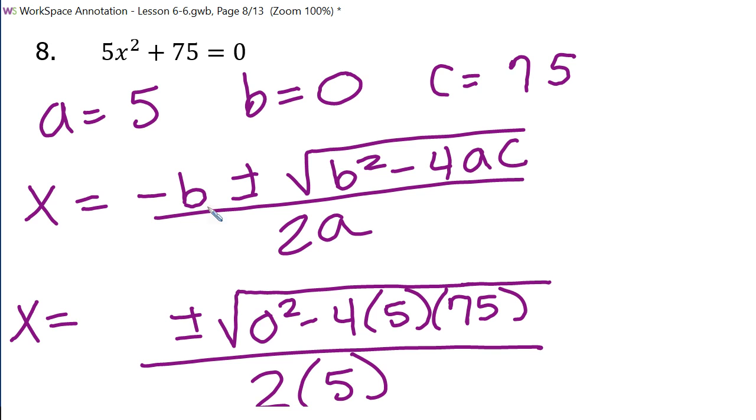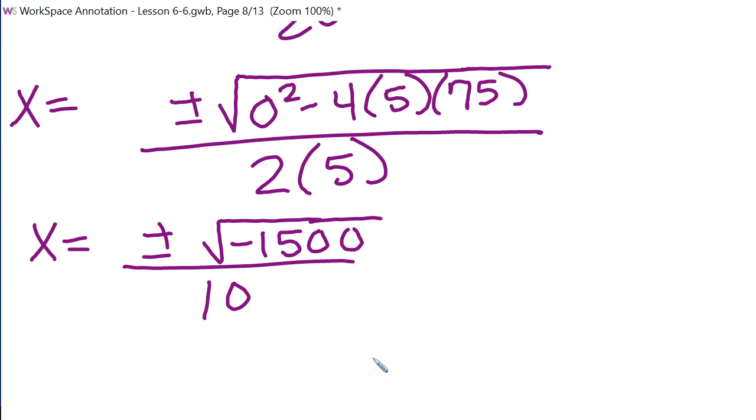Over here, what's 0 squared? 0. Put your minus. What's 4 times 5? 20. And what's 20 times 75? 1,500. So what's 0 minus 1,500? Negative 1,500. Is that radical in simplest form?